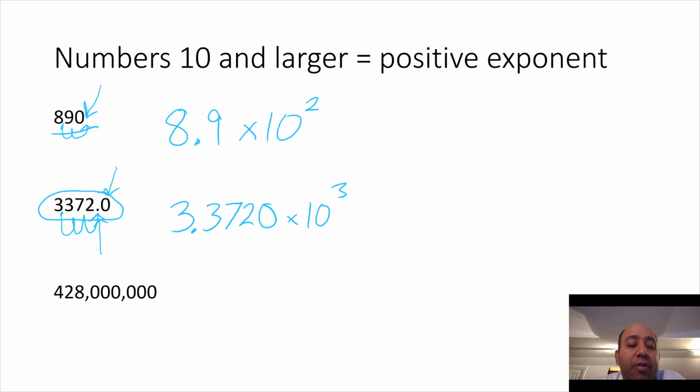So now we have this number, 428 million. So why don't you try doing this one and see how you do. Okay, so we put the dot between the 4 and the 2, 4.28. We don't include all the zeros because those aren't significant.